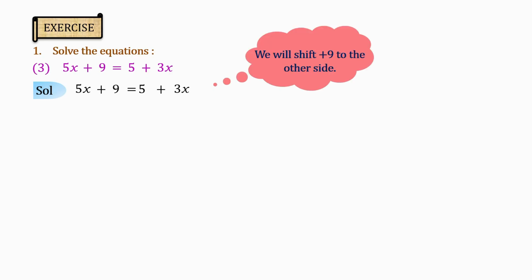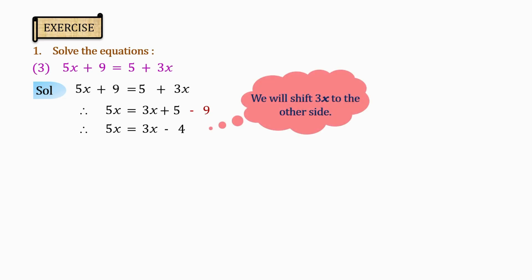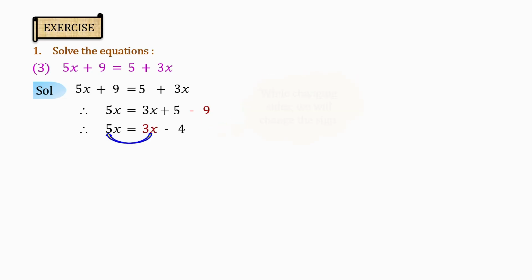So same rule we are going to apply over here, that variables should be on one side and the numbers should be on the other side. So hence we are going to shift plus 9 to the other side and we will change the sign. Now we are going to shift 3x to the other side and we will change the sign.